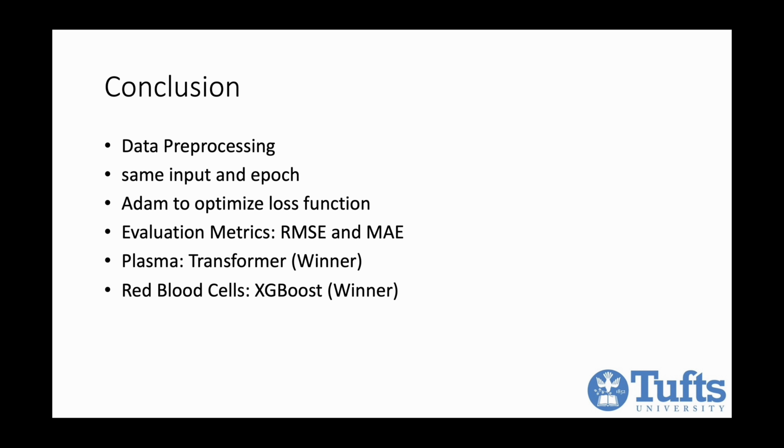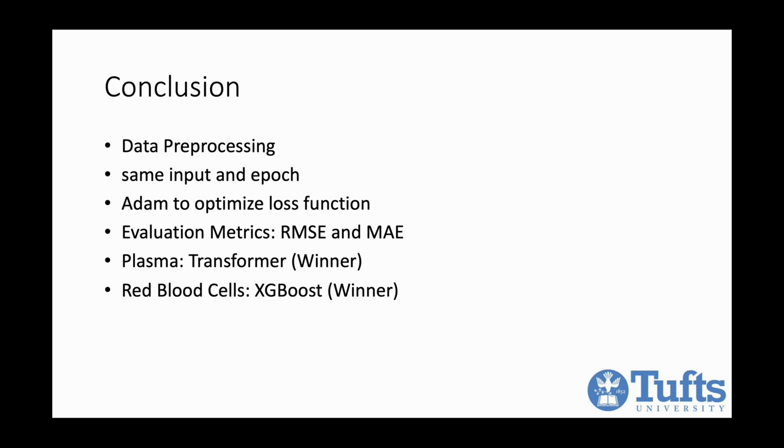The data is also scaled into 0 to 1 by min-max normalization to handle the large scale of the dataset and features. Then LSTM, GRU, transformer, and XGBoost were all fit on the same data, and the epochs were all set identically as well. Then I used Adam as the optimizer to minimize the loss function and get the optimized models.